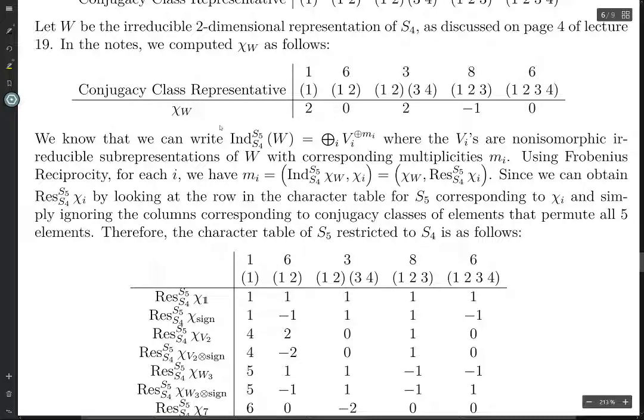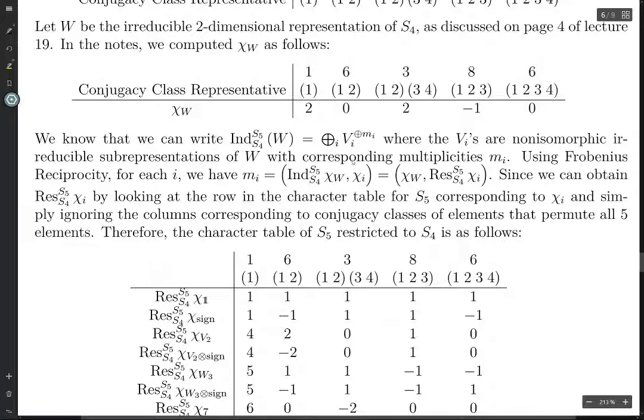Anyways, we can write the induced representation as a direct sum of V_i's, and each V_i is repeated with some multiplicity m_i, and the V_i's are non-isomorphic irreducible subrepresentations, and their multiplicities, of course, are m_i. Then, by Frobenius reciprocity, we can compute the multiplicity.